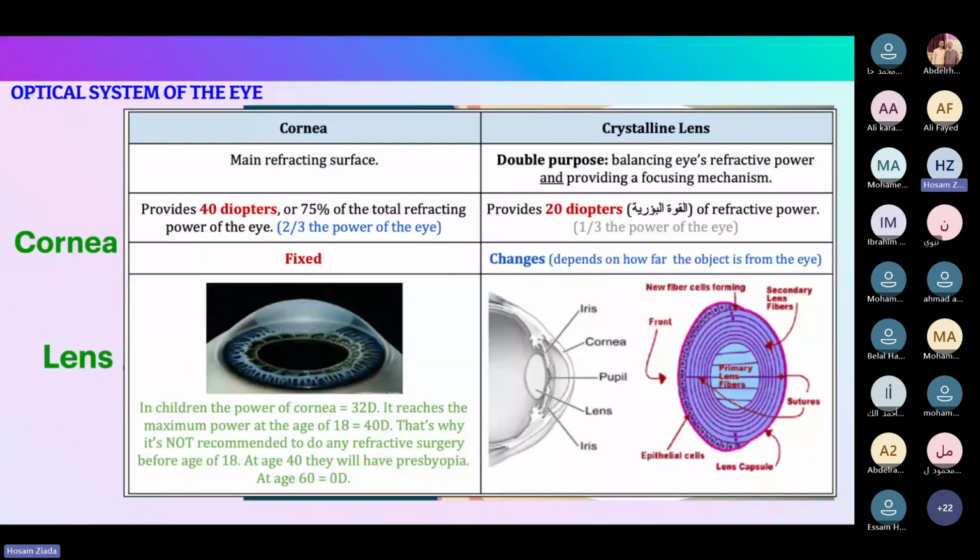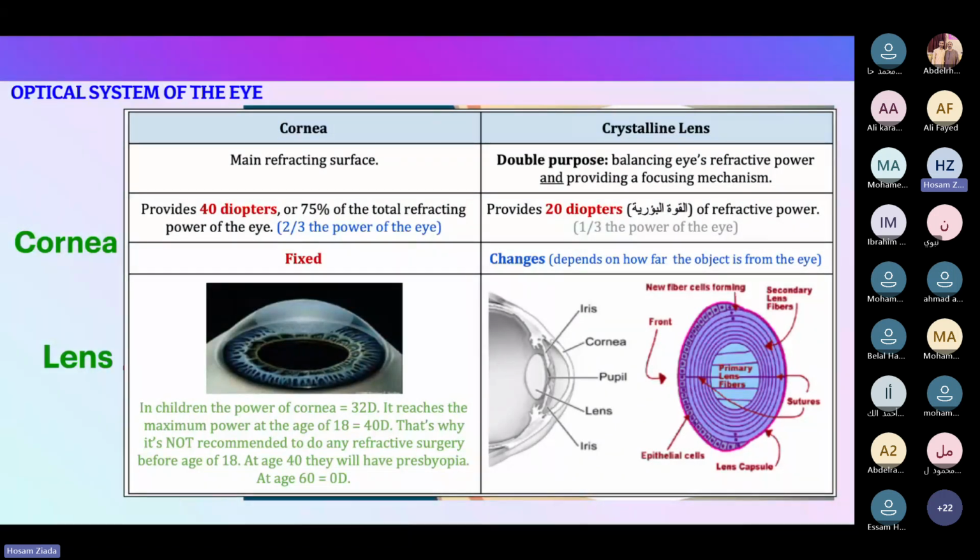The lens has a double purpose in refraction: balancing the eye's refractive power and providing a focusing mechanism. The cornea is not moving, it is a uniform, stable surface, but the lens is moving because of the zonular contraction and the ciliary muscle contraction.